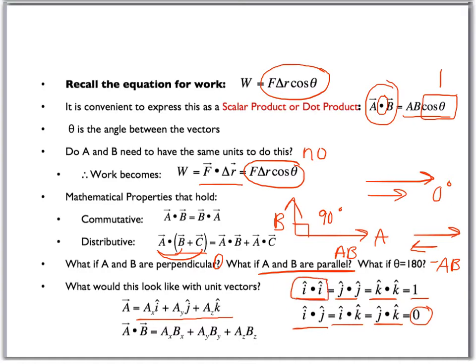Basically, an I and an I would get you some sort of a value. So if you take A dot B and you put the I-hat pieces together, the J-hat pieces together, and the K-hat pieces together, you can in fact write these in unit vector notation and get a solution relatively easily.